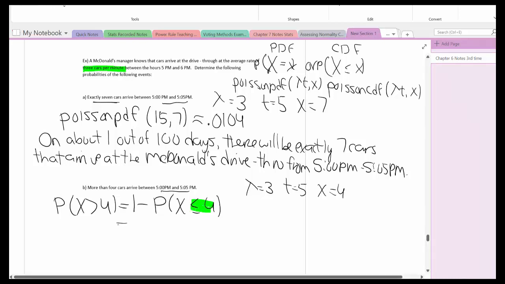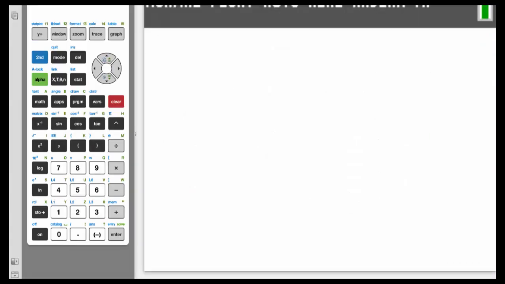Okay, so how do we put this in the calculator? 1 minus Poisson CDF, lambda times t, that's 15, comma x, which is 4. So let's put this into the calculator now. Okay, so first off, 1 minus, and then hit second, vars.